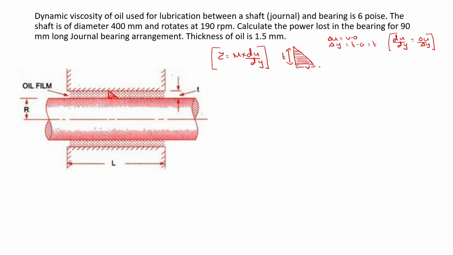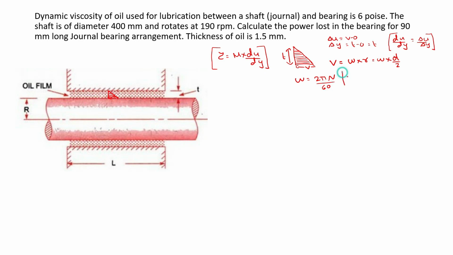So what is the velocity V of the journal? That is the linear velocity of the journal, which is equal to angular velocity into radius, that is omega into D by 2. Radius is the diameter by 2, and omega is equal to 2 pi N by 60.